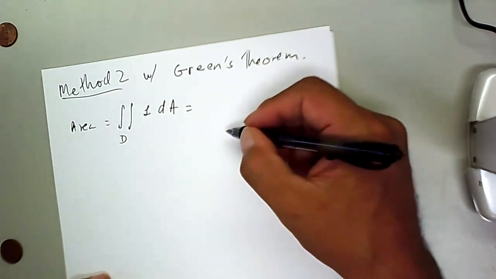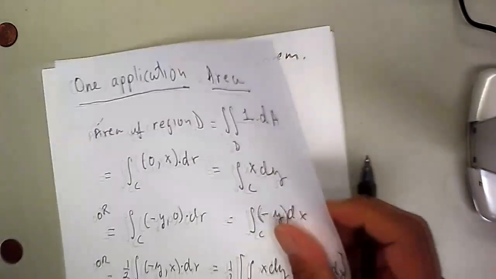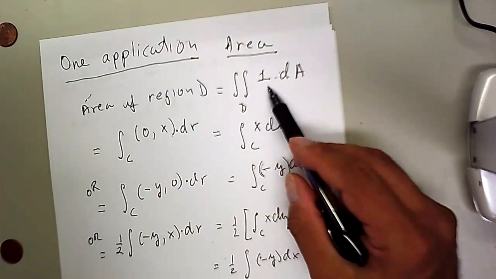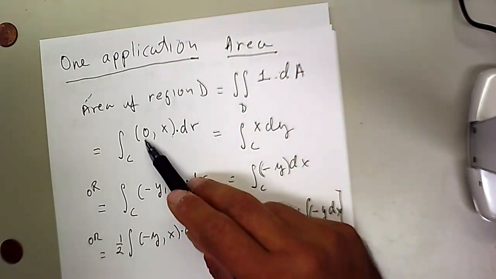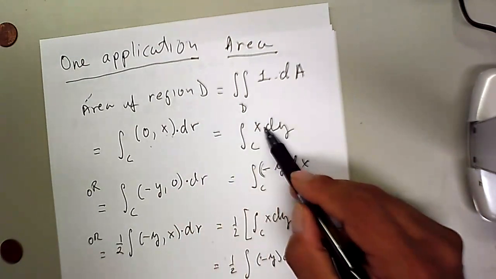Okay. But we have said earlier that we can write 1, using Green's theorem, as 0 dx plus x dy, which is the same thing as x dy.